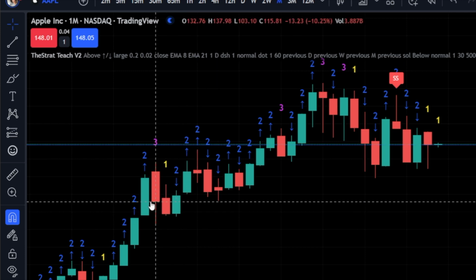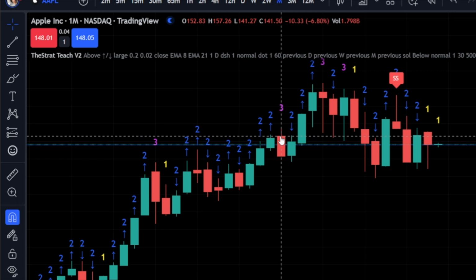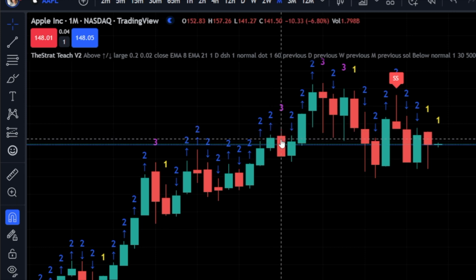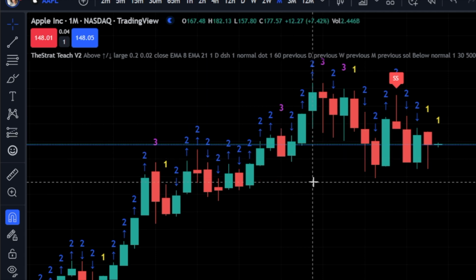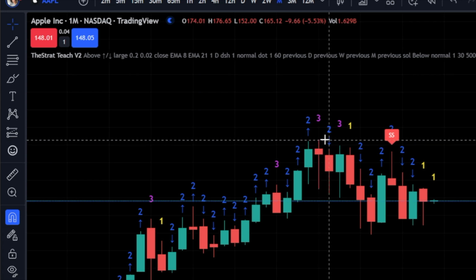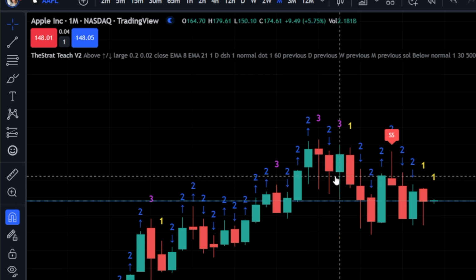All right, so let's look at another one. Same thing here. We opened, we took out the previous high, came back in, took out the previous low. That's how you make an entire 3 bar. Here we opened, took out the previous high, came back in, took out the previous low.